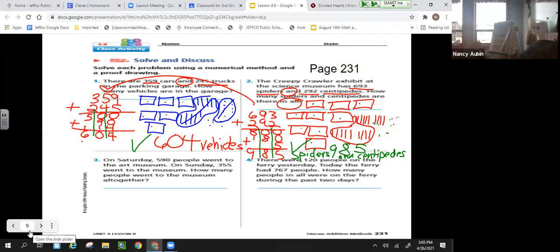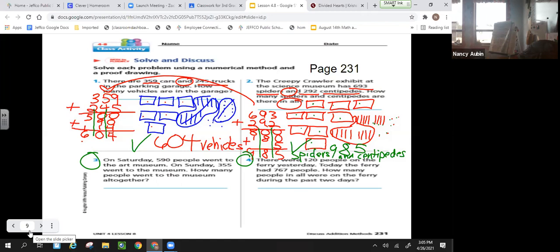All right, guys, you are going to do the same thing for numbers 3 and 4. Go for it. You got this. Proof drawings as well. You know you're adding, right? Read it carefully, but we're talking about addition and it's all together.